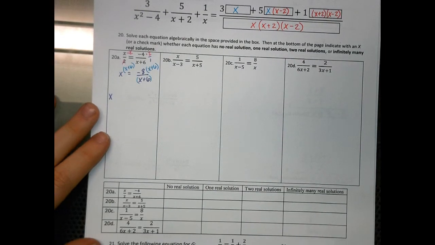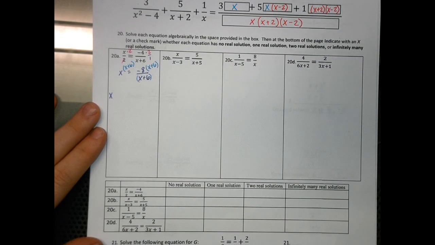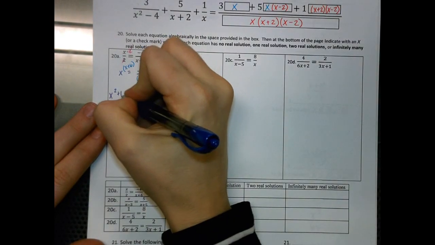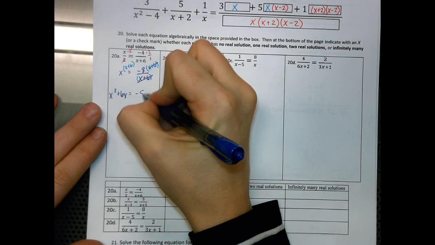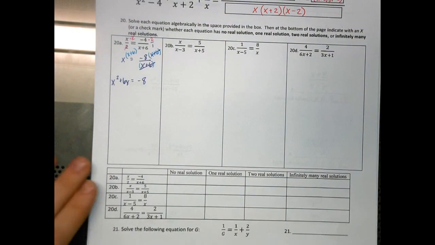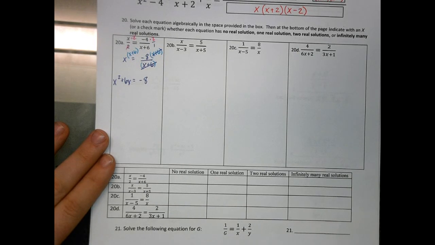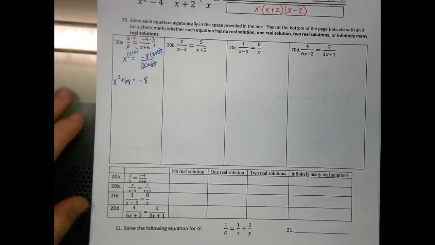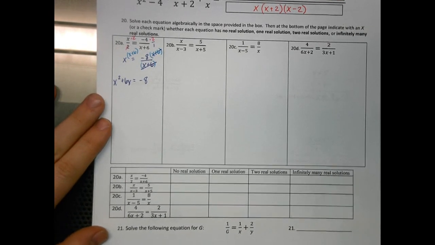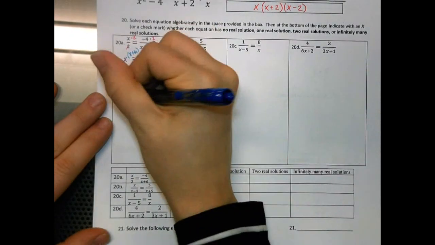Okay, what's x times x plus 6? X squared plus 6x. X plus 6 over x plus 6 reduces. What should I do with that 8? Add it to the other side so that I have a trinomial.